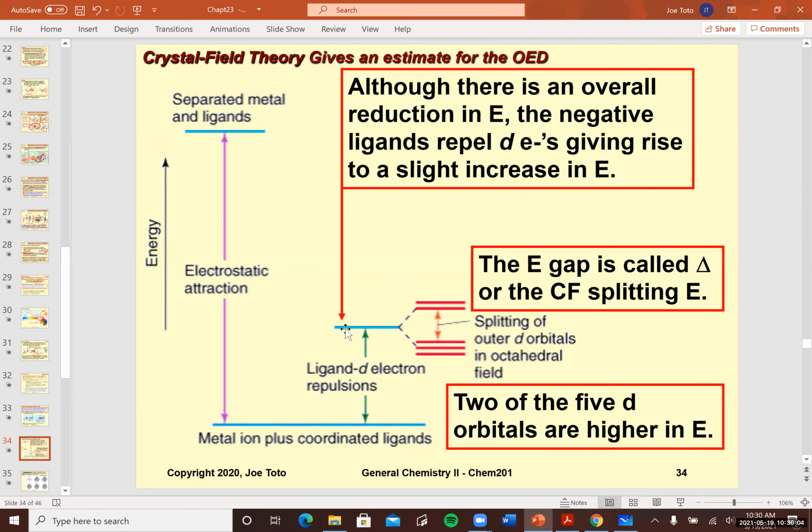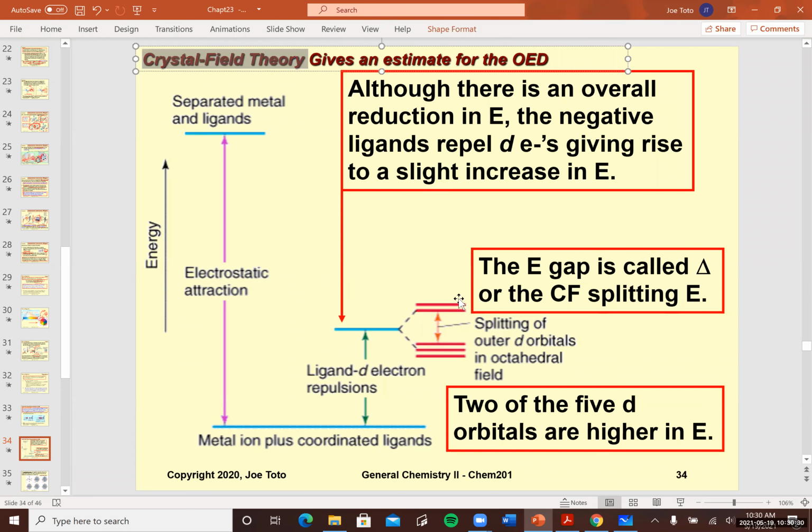But not all d orbitals rise equivalently. In this picture, 2 orbitals rise further up than 3 out of the 5 d orbitals that have electrons in it. So that causes a splitting of the d orbitals. And this is all crystal field theory.